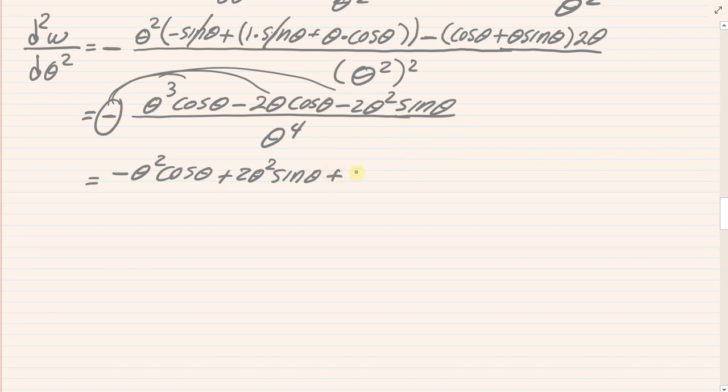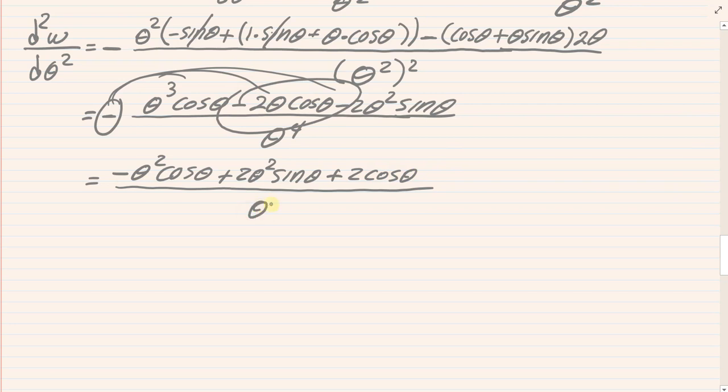Plus, now put 2 theta cosine theta. All of that divided by, actually theta is gone, right? Remember, I divided the theta out, so that's just 2 cosine theta divided by theta cubed.